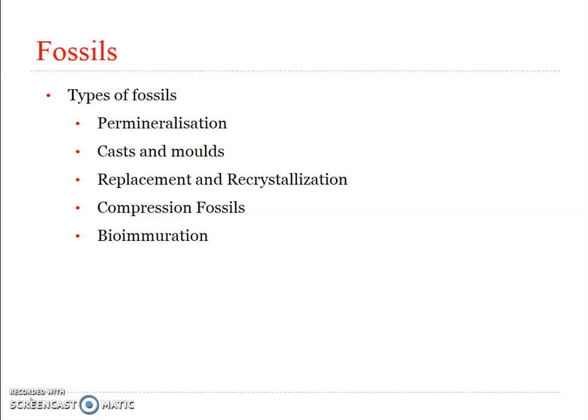The hard parts of these organisms may be preserved, and in the course of time, the sedimentary deposit, due to the pressure of water above it and also due to chemical reactions, gets converted into sedimentary rock. The nature of the sedimentary material determines the kind of sedimentary rock formed.